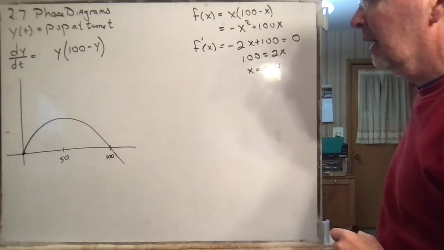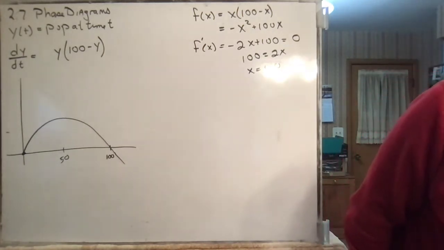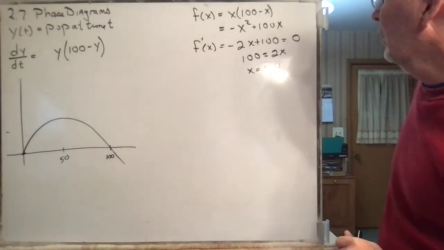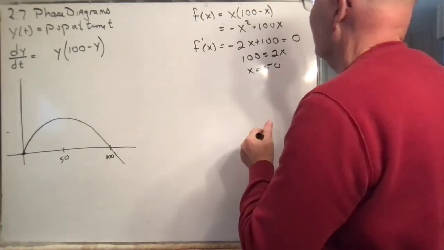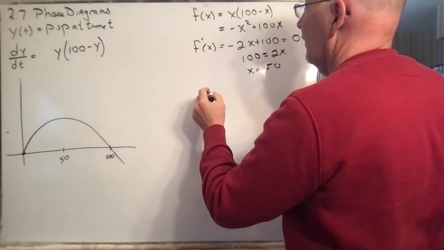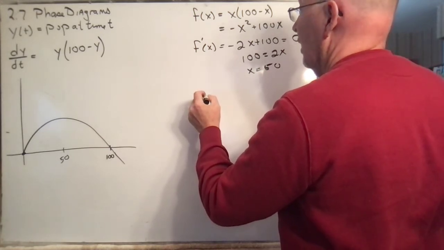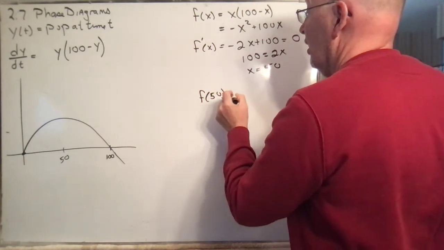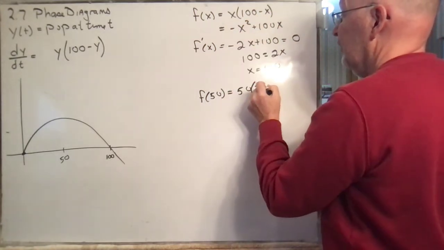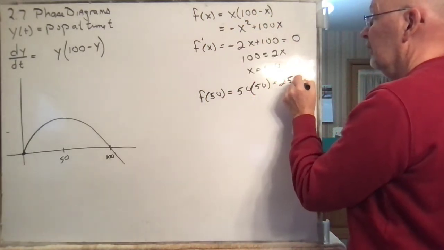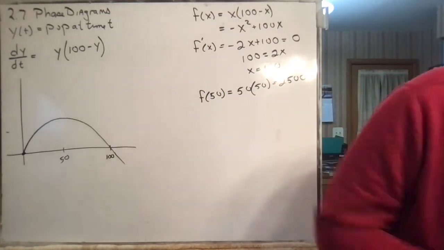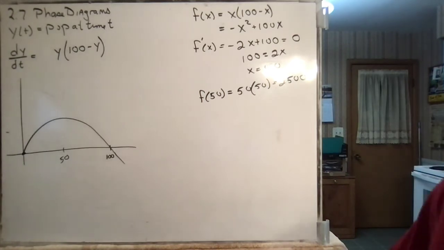And if you stick 50 into this thing, what are you going to get? f of 50 is going to be equal to 50 times 100 minus 50 is 50, which is 2,500. And I notice if you look in the book, it looks like it only goes up to 50.